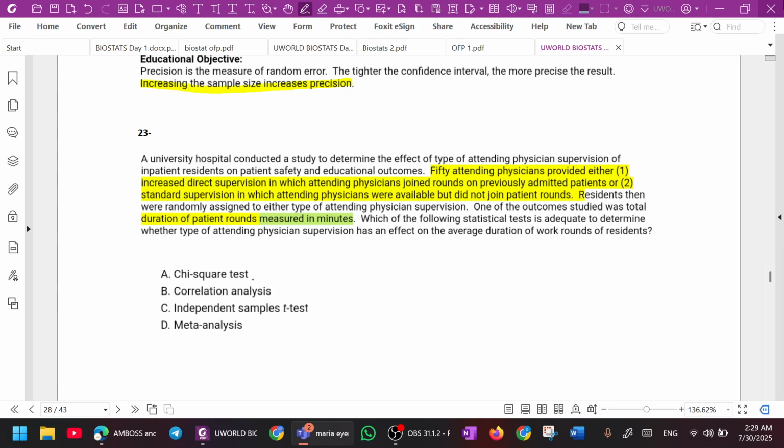50% direct supervision and standard supervision. Okay, that's one thing. Direct versus standard, that's one group. What's the other group?